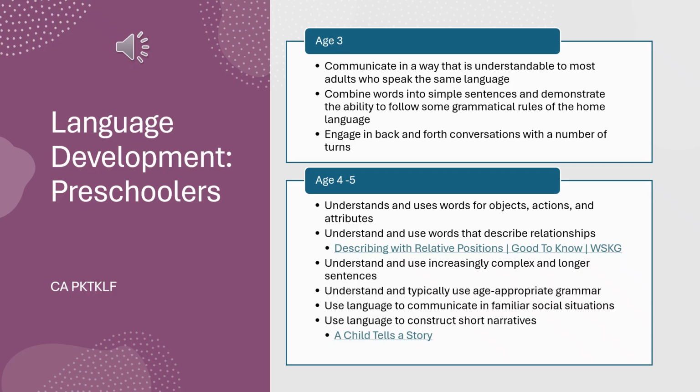So if you Google CA PK TK learning foundations, you can learn more about what children can do in terms of language development and lots of other developmental skills. But by age 3, we typically expect to see children fully understood, particularly by adults who know them and speak the same language as them. So we should see understandability increase.